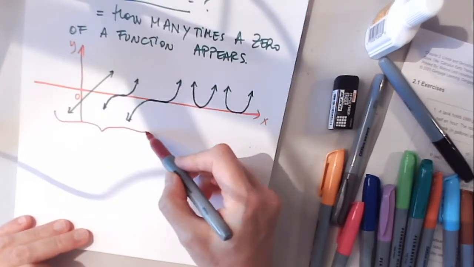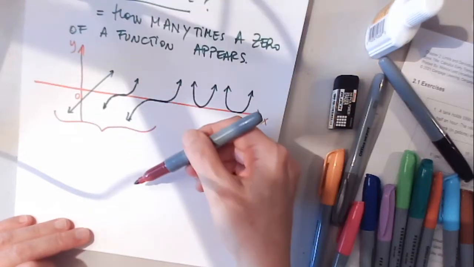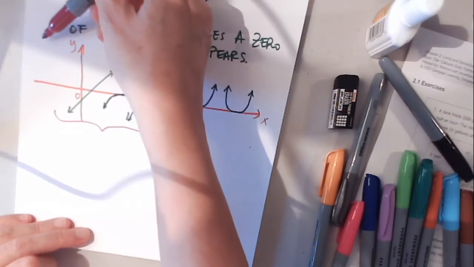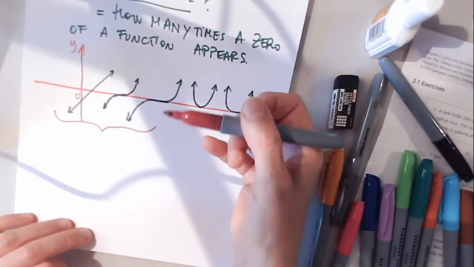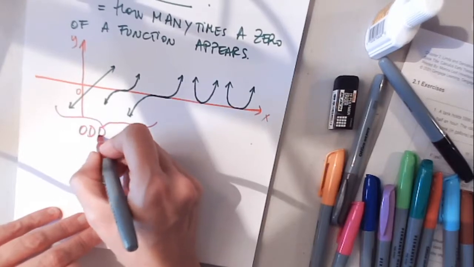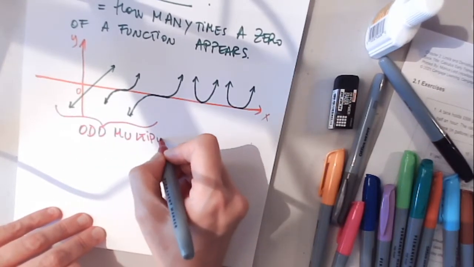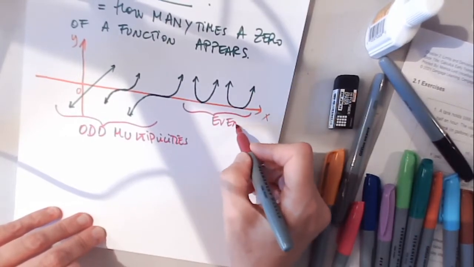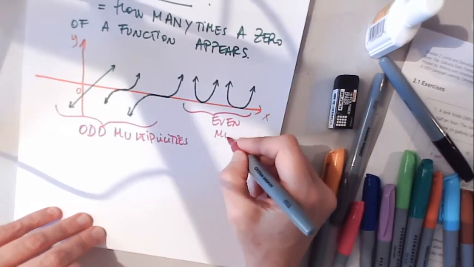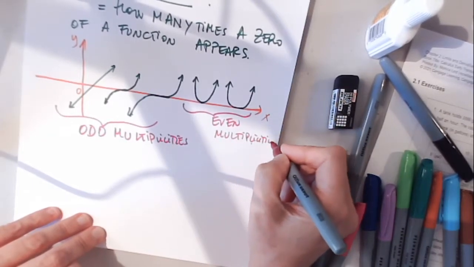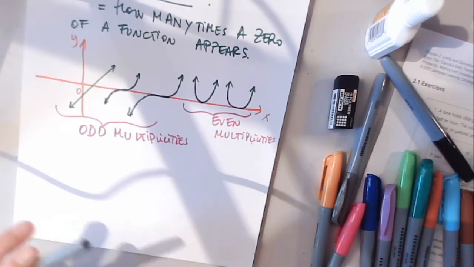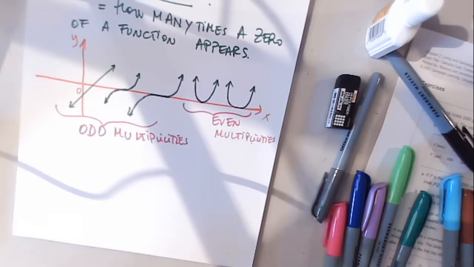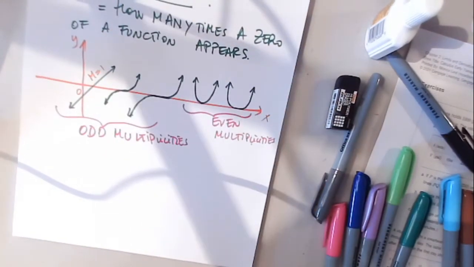The ones where the function is crossing, of course it can come from above. It doesn't have to come from left to right. It can come from above, left, and down, right. Same thing. But these are odd multiplicities. And these are even. An even number of multiplicities. So when I see that the graph crosses fast, I know that this multiplicity is 1.